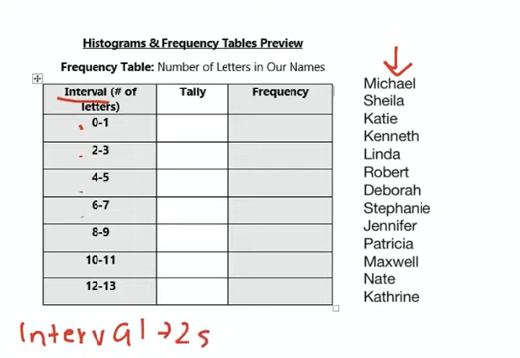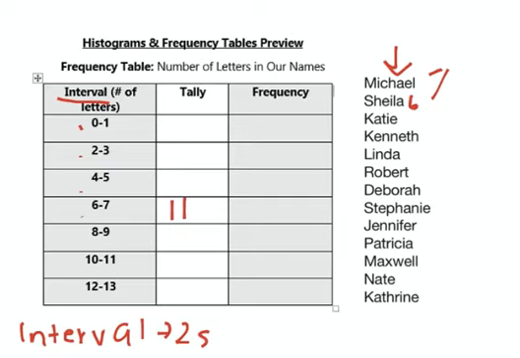So let's go ahead and take a look at the list of names to the right and tally out how many letters in each name. So if we take a look at Michael, Michael has 1, 2, 3, 4, 5, 6, 7 letters. So I'm going to give 6 to 7's interval 1 tally. Okay, and then we would go ahead and do Sheila. Sheila has 1, 2, 3, 4, 5, 6. So I'm going to give still the 6 to 7 interval.